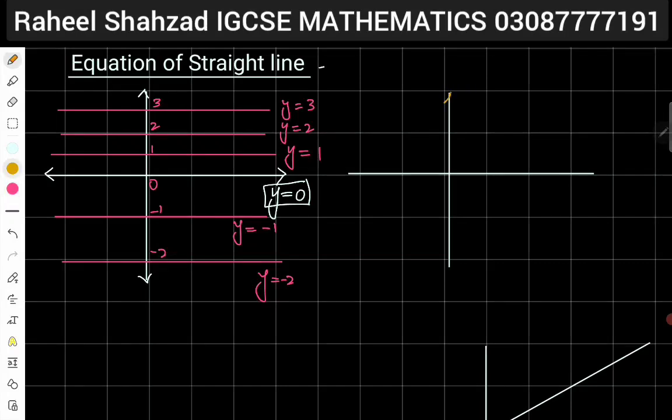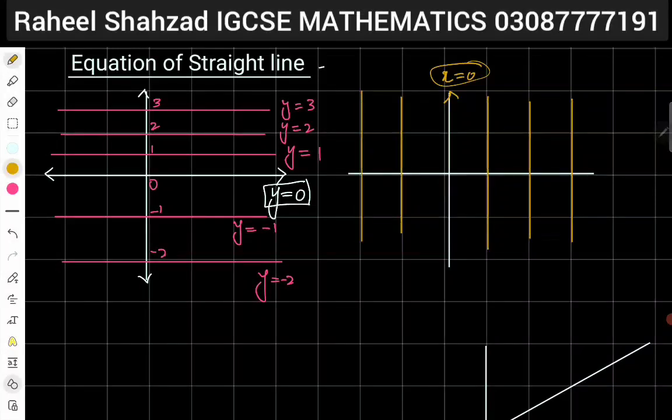Similarly, equation of y-axis itself is x is equal to 0. Now all lines which are parallel to y-axis will be, now this was x equal to 0, y-axis itself. So if a line passing through 1 and parallel to y-axis, this is line x is equal to 1, this is x is equal to 2, this is x is equal to 3, and so on.